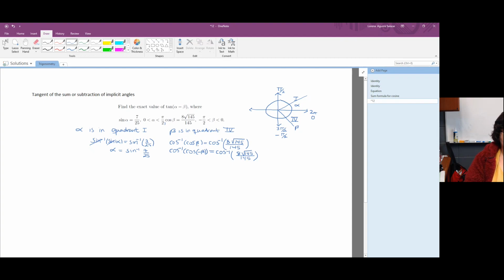Because cosine is even, the cosine of beta is the same as the cosine of minus beta, and minus beta is between 0 and pi, because beta was between minus pi over 2 and 0. So when we change the sign of beta, then it is actually in quadrant 1, not just between 0 and pi. So now we get to cancel this to get minus beta equals inverse cosine of 8 root 145 over 145.